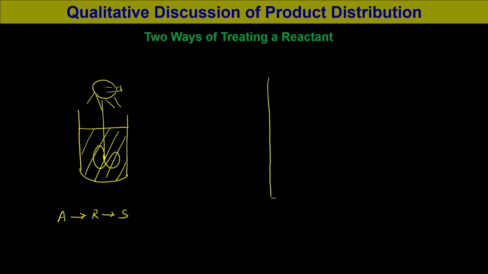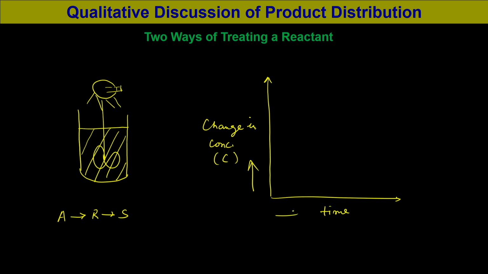If we plot the distribution of the product or the concentration change versus the time, the time of exposure of light to these reactants or to this content, A will react and form product R. So, the concentration of A gradually changes starting from a certain value.